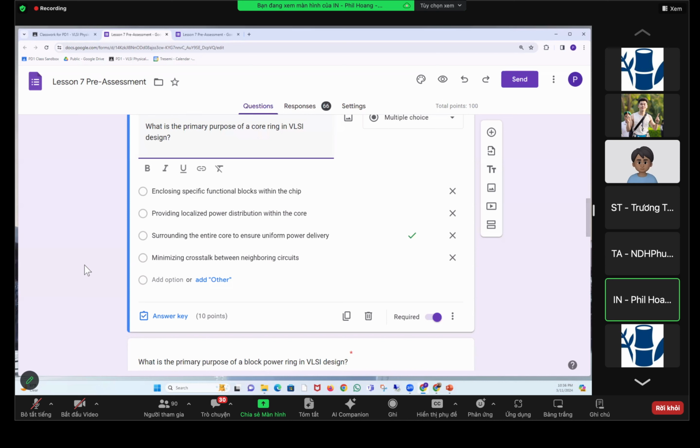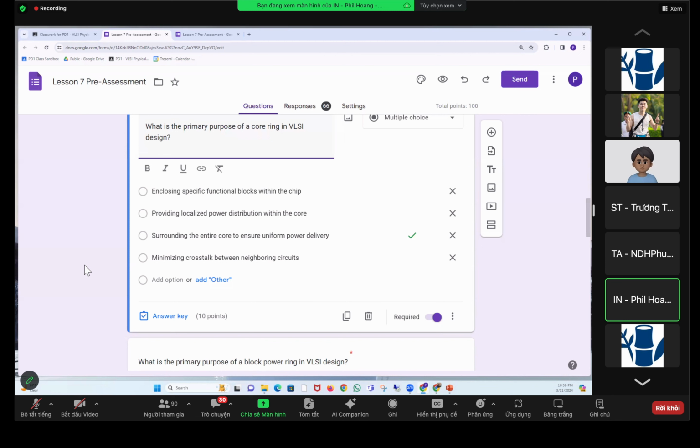What is the primary purpose of a block power ring in VLSI design? A, enclosing the entire core. B, minimizing voltage drop, ensuring stable power delivery within a specific functional block. C, enhancing clock distribution efficiency. D, providing flexibility in power distribution without focusing on circuit blocks.